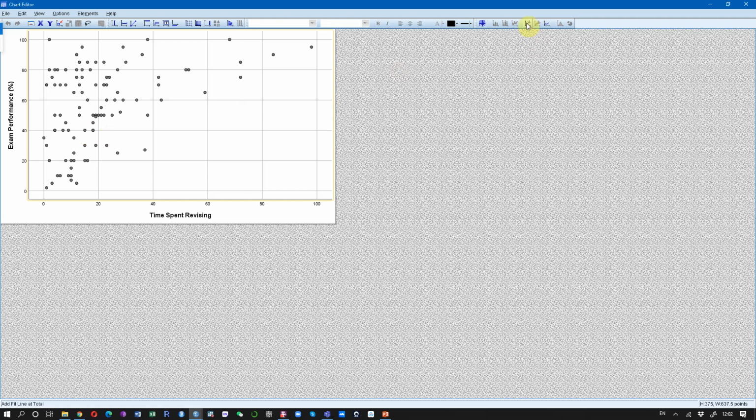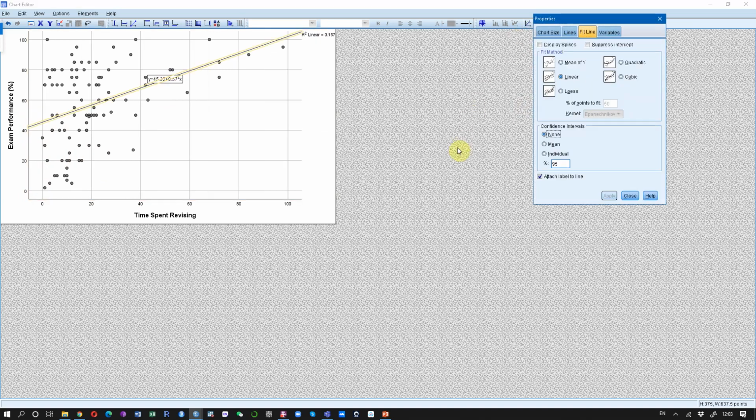So be careful, you're using this add a fit line instead of this command here, add a reference line. A reference line is a perfect 45-degree angle against both the y-axis and x-axis. Instead, we're adding a fit line here.